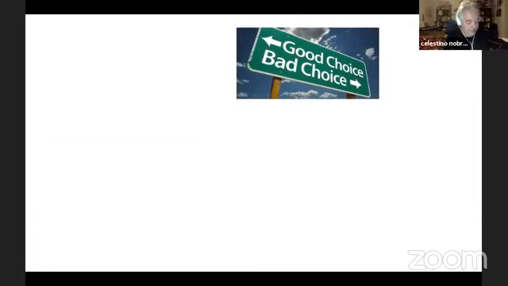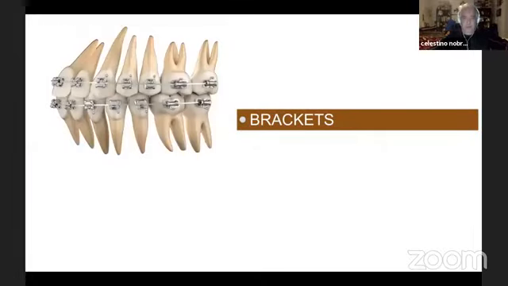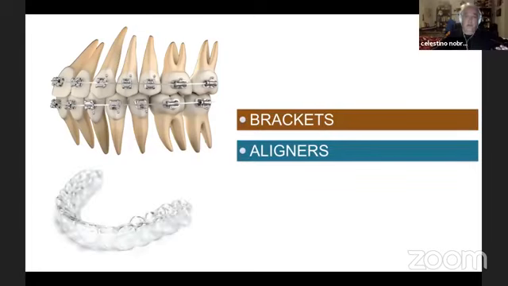Let me check it. Okay, we have time. So we have some choices for ortho treatment, like brackets and wires. This is my expertise, brackets and wires. I started with aligners a couple of years ago, so I'm still learning about aligners, and I found some very interesting things about them as well. So, options, choices.